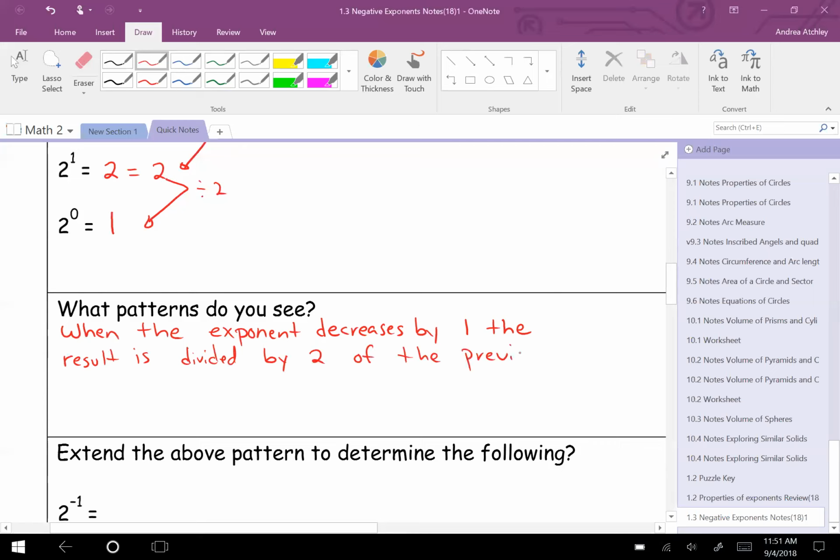In this case, the base is 2. So if the base was 3, we'd be dividing by 3. If the base was 4, we'd be dividing by 4 each time.